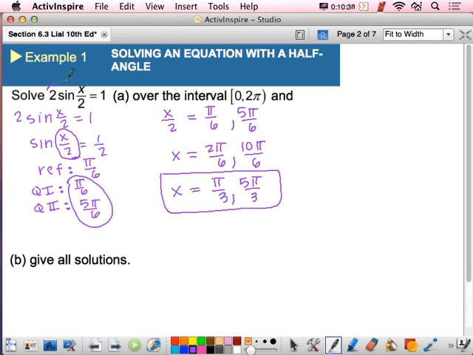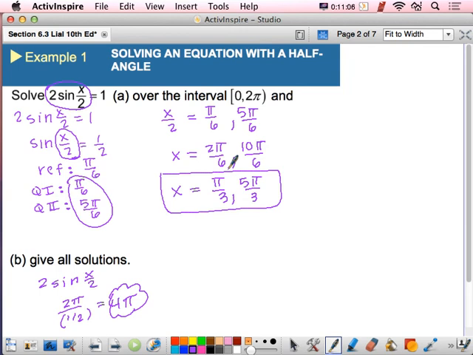If I look at this problem that I solved, 2 sine of 1/2 x, remember that the period of that is 2 pi divided by the coefficient, which is 1/2. So that is 4 pi, right? That is what you add to each of these to produce new answers.